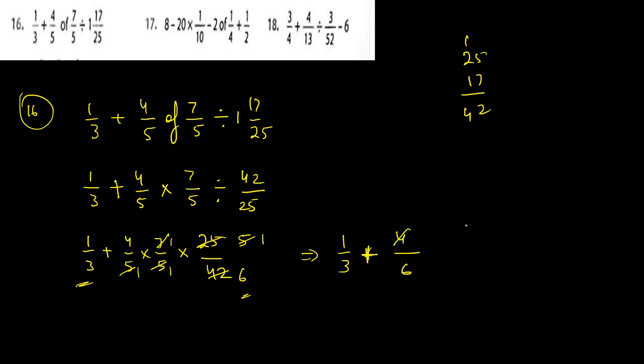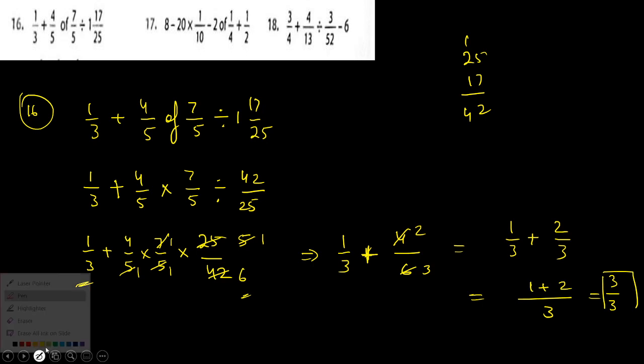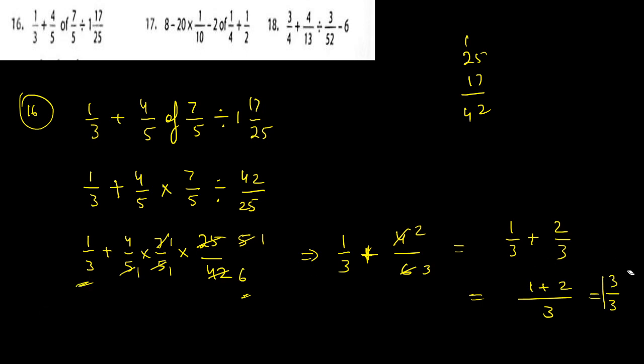Now 2 2s are 4, 2 3s are 6. So finally 1 upon 3 plus 2 upon 3. So it will be 3 upon 3. When you have the same number in numerator and denominator, your answer is 1. So your final answer is 1.